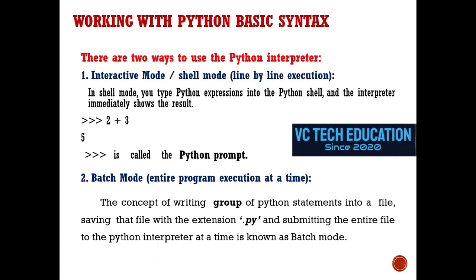Example: 2 plus 3 gives 5. The greater than symbols, three of them, are the Python prompt.